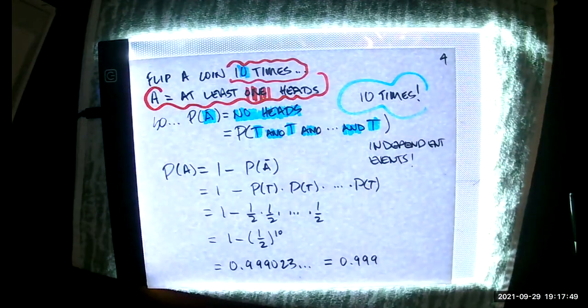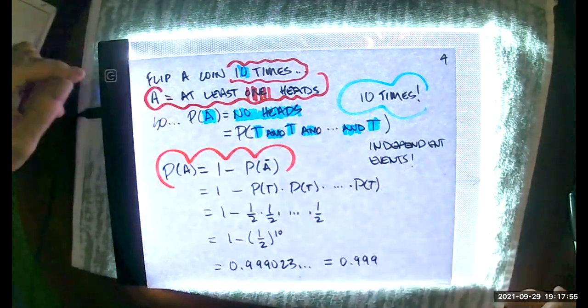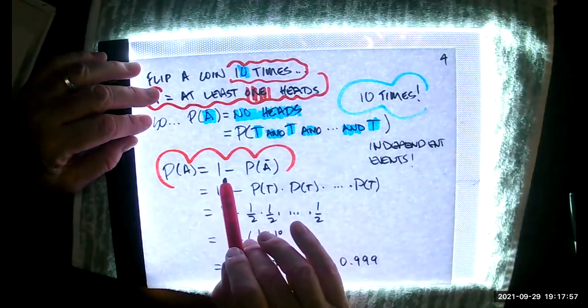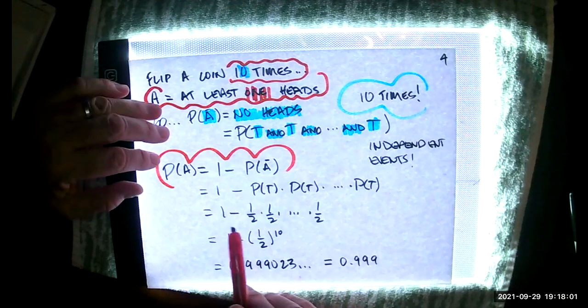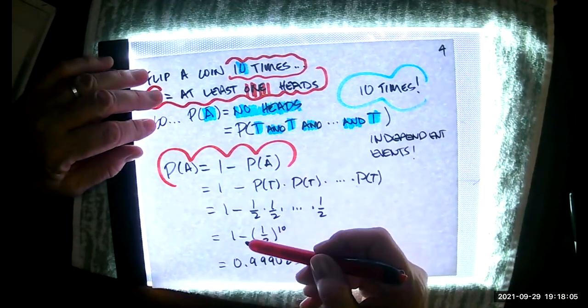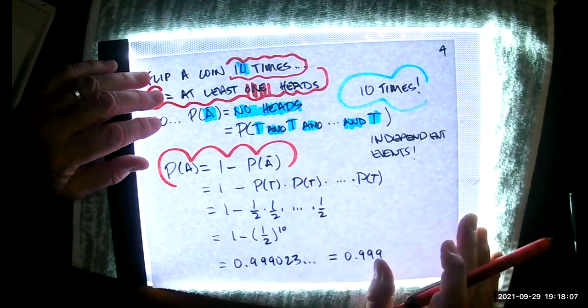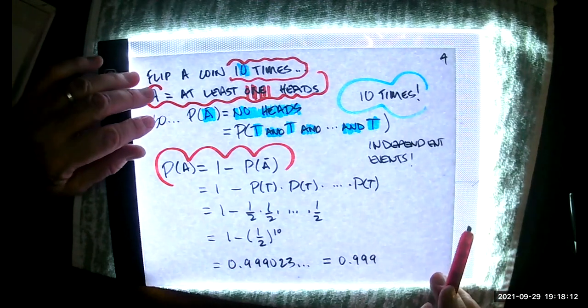So the way it looks when I recast this in our formula is the probability of A, at least one head, is equal to 1 minus the probability of no heads. That's equal to literally, and by the way, when I do this problem, I do not put all these steps in. This is really designed to help us see why we need the formulas that we do use.